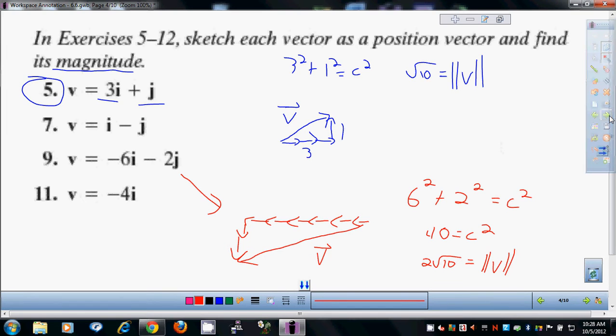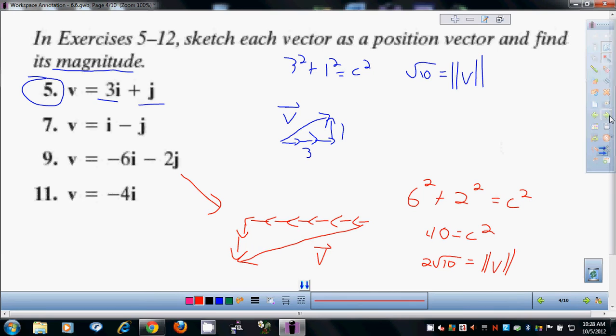If it gives you the i's and j's, yes. Now, what about this one? It's 0j. You could punch it in the Pythagorean theorem, 4 squared and 0 squared, but here's the thing. Remember that one just a second ago that was straight right? You could just count it. If it's just one component, that number is going to be the magnitude. There's nothing else to take into account. This one has a magnitude of 4. That's how long it is.